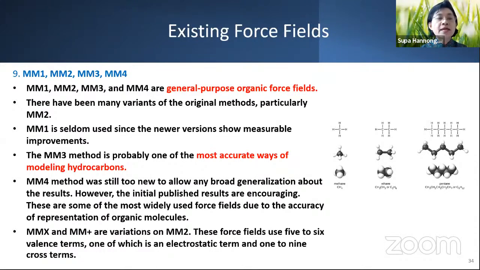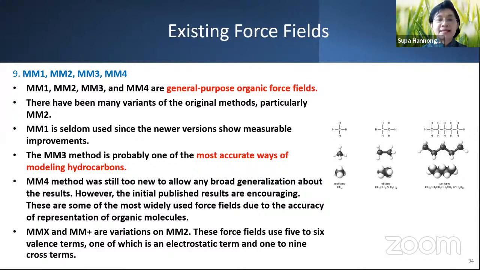And there are also MMX and MM+, which are variations on MM2. The force field still uses 5 to 6 valence terms and an electrostatic term, and 1 to 9 cross terms. You can see that the cross terms mean a modification of the mathematical expression of the intermolecular interactions.